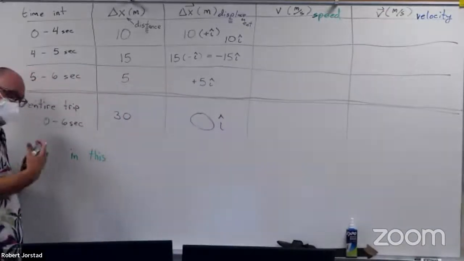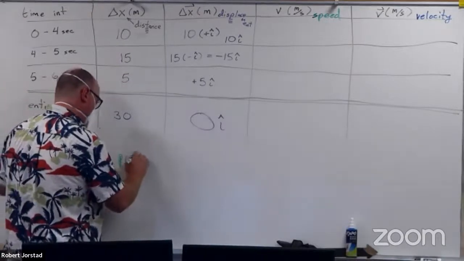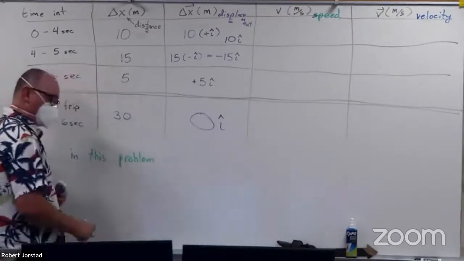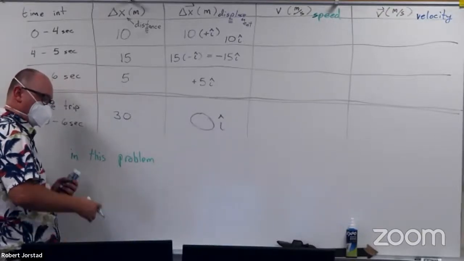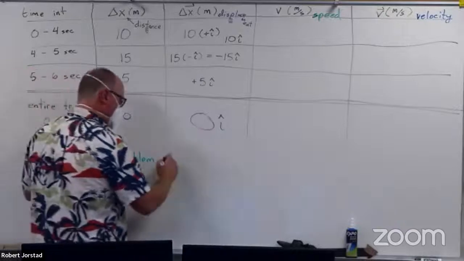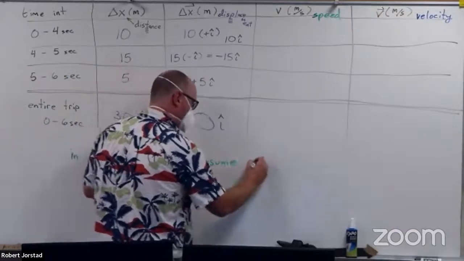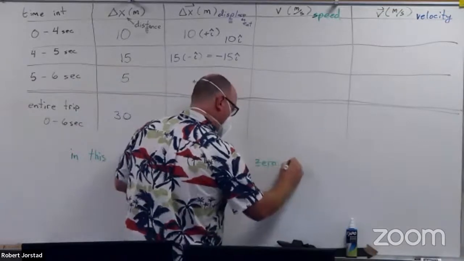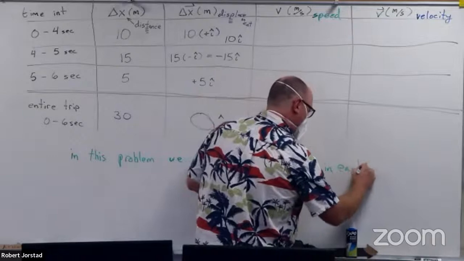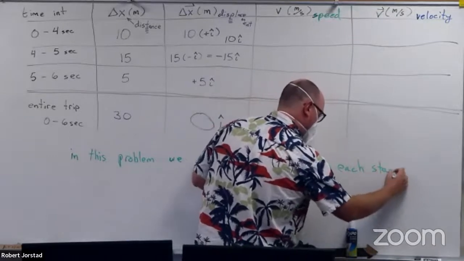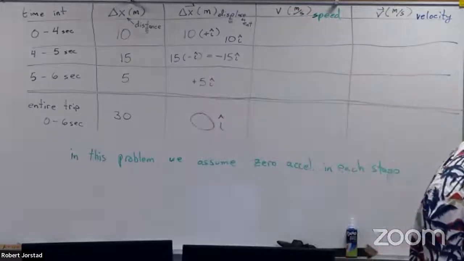So because this is an assumption we are making, I'm going to list this. This is what you do as an engineer. If you make an assumption, you make sure you tell everybody else what you assumed so they know how you did your work. In this problem, I believe it did say to ignore the turnaround time, didn't it, or not?